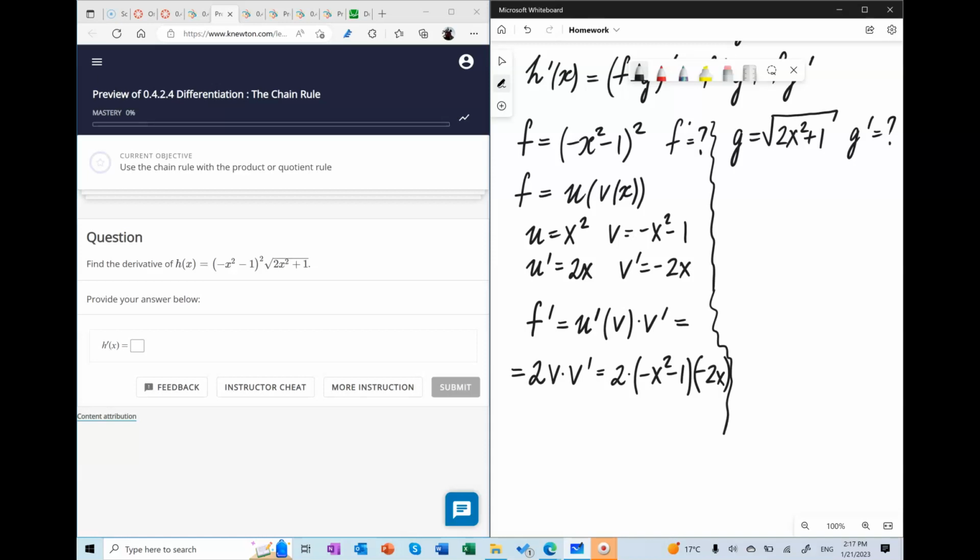Similarly, we can find the derivative of g. G can be defined as a composition of two functions, the radical function and the polynomial function. So let's call it radical function of polynomial function. So my radical function is the square root of x, and my polynomial function is the actual polynomial here.